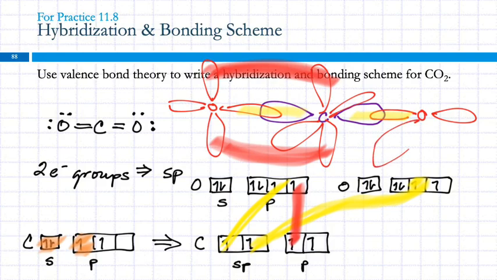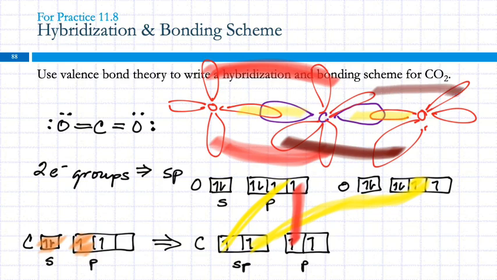So this oxygen is going to use the p orbital that's lined up with the remaining orbital on the carbon. The oxygen has two lone pairs. If I wanted to draw those, I'd have a p orbital with lone pairs, and I'd have an s orbital with lone pairs. And I could do the same thing over here.